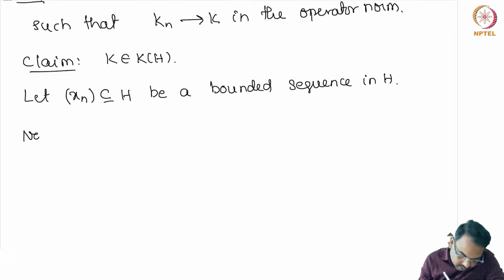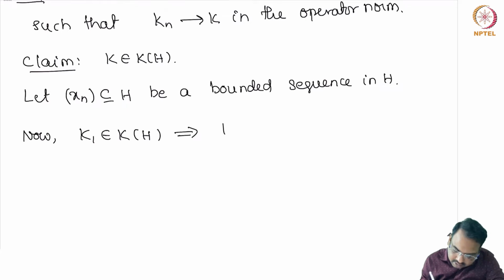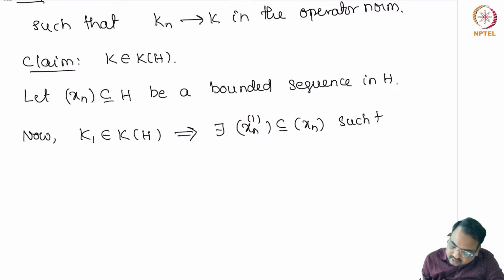Now K1 is compact, so there exists xn1, a subsequence of this sequence xn, such that K1 of this subsequence is convergent.